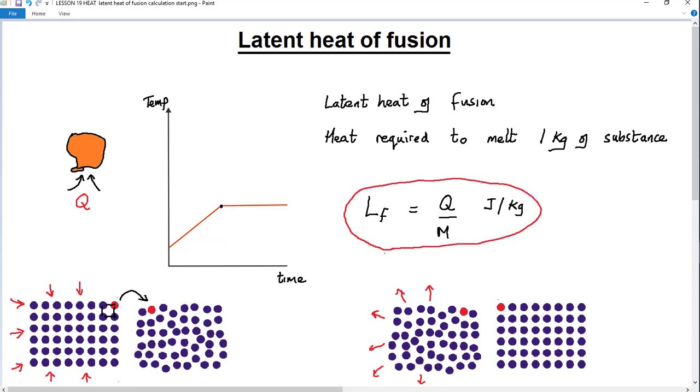Latent heat is absorbed by the solid to help it melt, and the same latent heat is released by the liquid in order to help it freeze. We use the same equation for both processes, whether we're melting a substance or solidifying a substance. It's the same latent heat that is required.